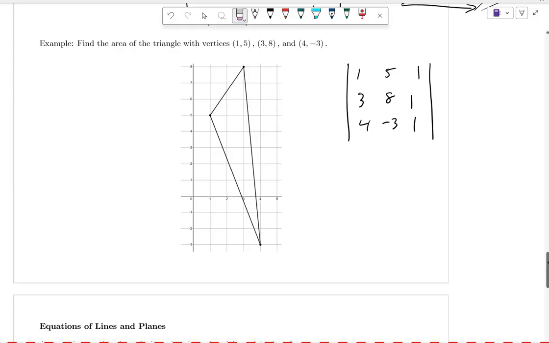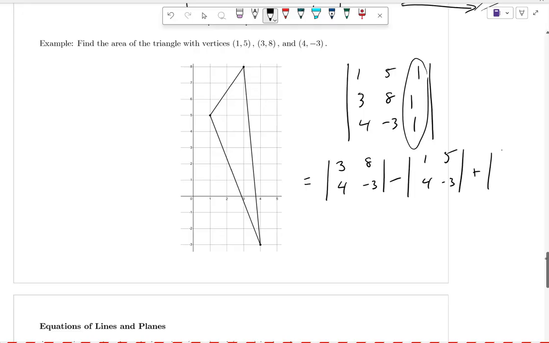All right. So again, it doesn't really matter how we do it. I'm going to expand along this column with 1s because multiplication by 1 is relatively easy. So I'd have 3, 8, 4, negative 3, and then a minus 1, 5, 4, negative 3, and a plus 1, 5, 3, 8.